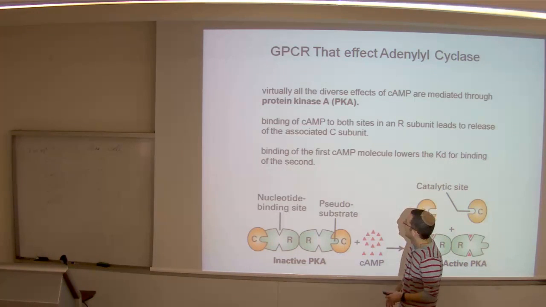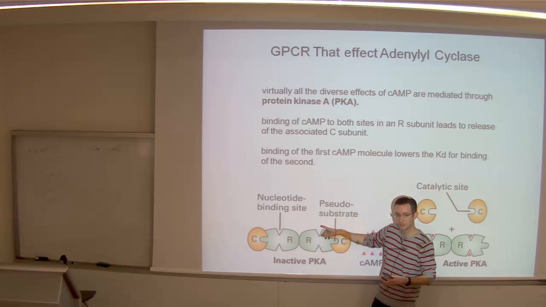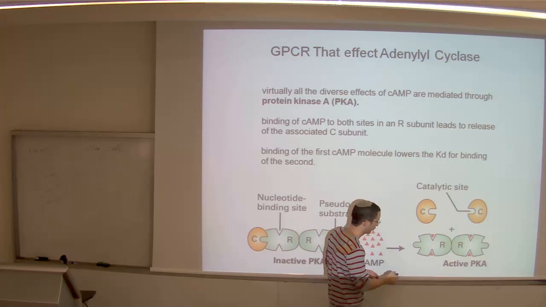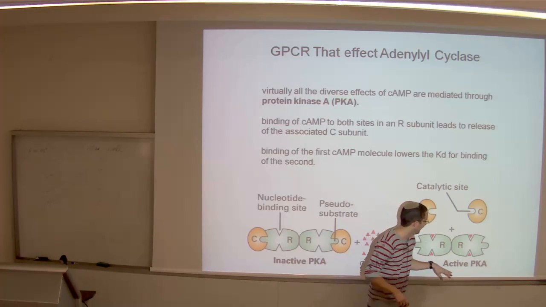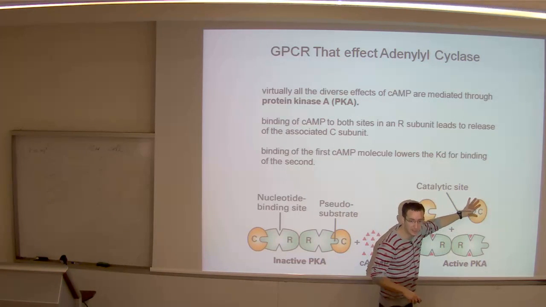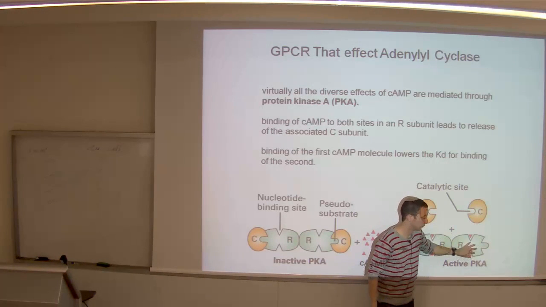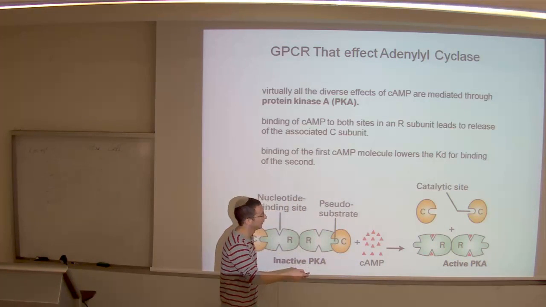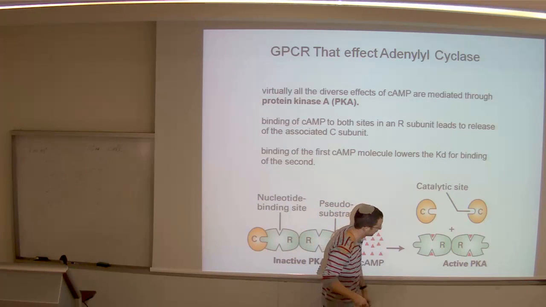And upon cooperative binding of the cyclic AMP to one site, that induces higher affinity to the second binding and to the third and fourth binding. While all sites are populated with cyclic AMP, the catalytic units are released from the regulatory units, and then are active and can induce specific function. In our case, phosphorylation of other target proteins.